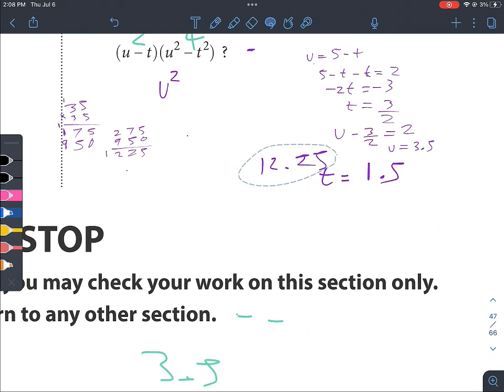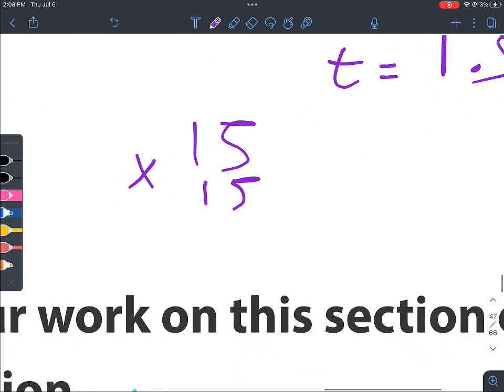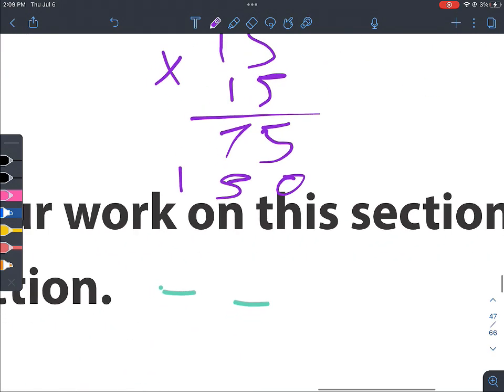Now we just need to find t squared. So 15 times 15, I feel like I already know this, but I forgot it. So let's do this thing again. One last time. 5 times 5, that's 25. 75, okay, 0, 5, oh, I like this. 1, okay. So the answer should be 225.